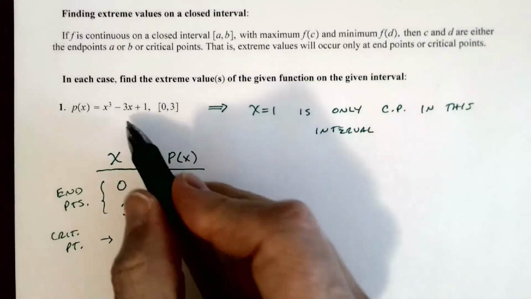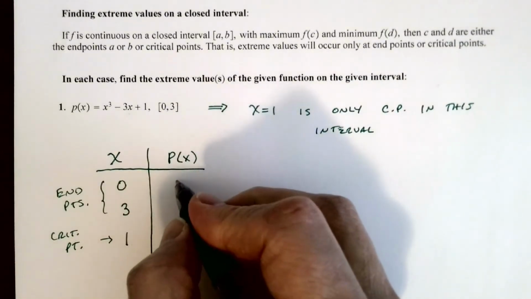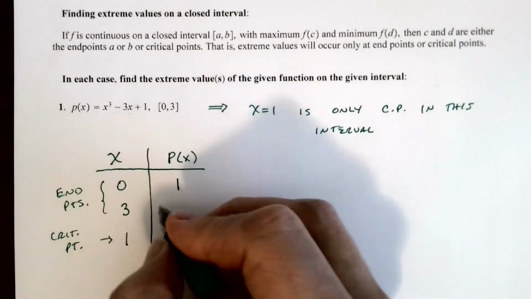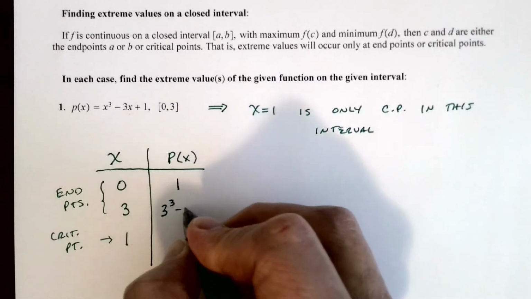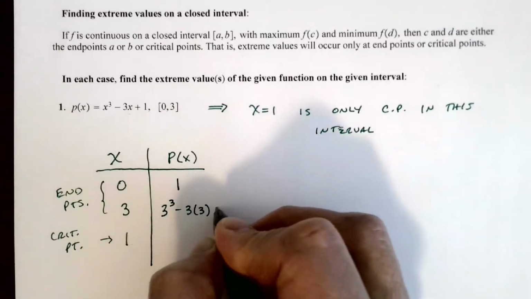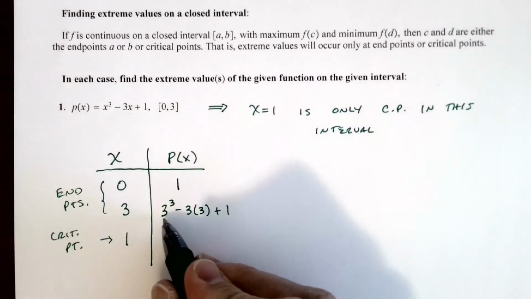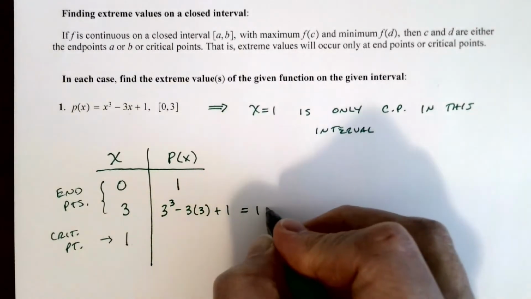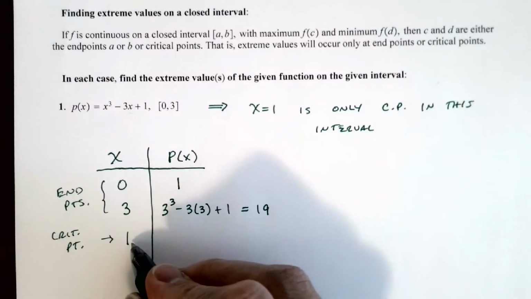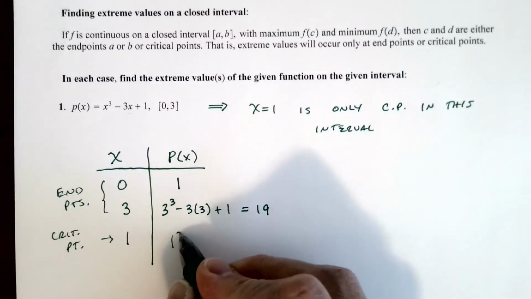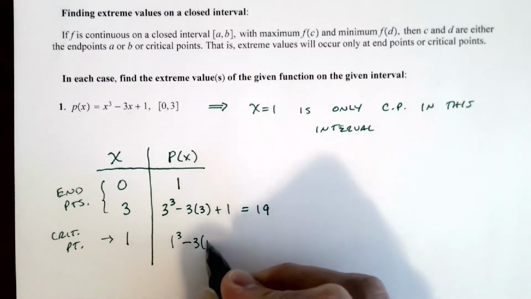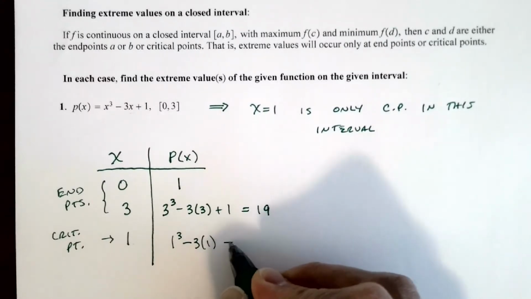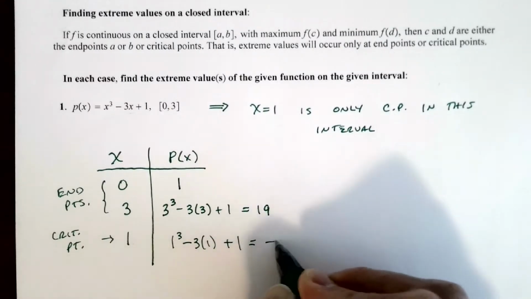So pretty easy. I plug in 0 into this. Clearly I get 1. If I plug in 3 into the function, I get 3 cubed minus 3 times 3 plus 1. That's 27 minus 9 is 18 plus 1 is 19. And then I plug in 1. 1 cubed is 1. Minus 3 times 1 is negative 2. Plus 1 is negative 1.